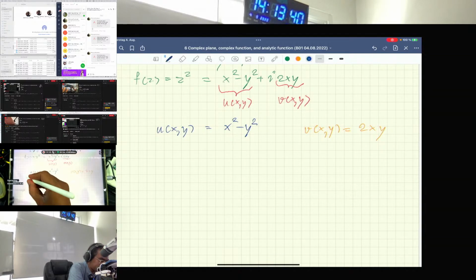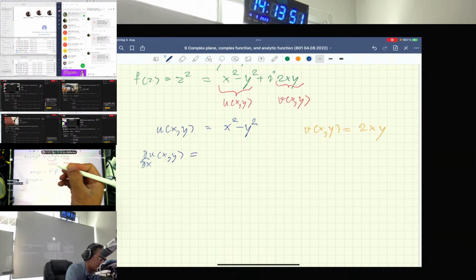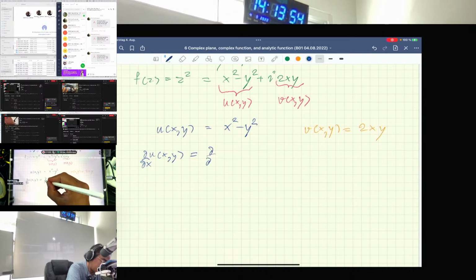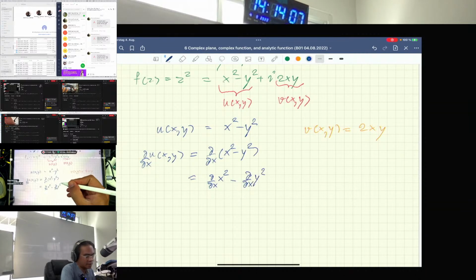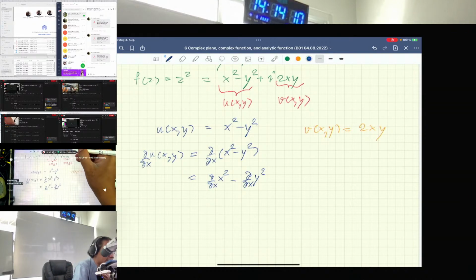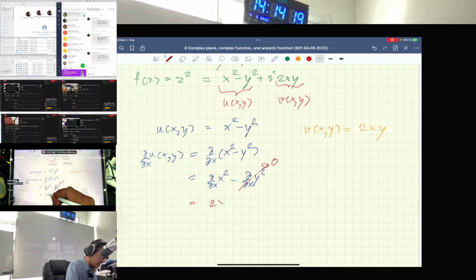So what is the partial derivative of u with respect to x? It's the partial derivative with respect to x of x squared minus y squared, which is the derivative of x squared minus the derivative of y squared. But this term has nothing to do with x, so it will be 0. So we get 2x only.